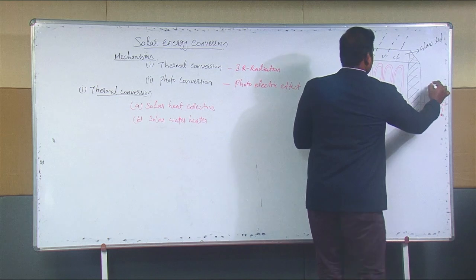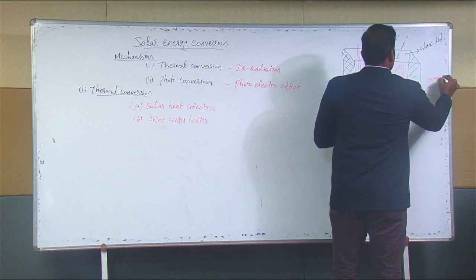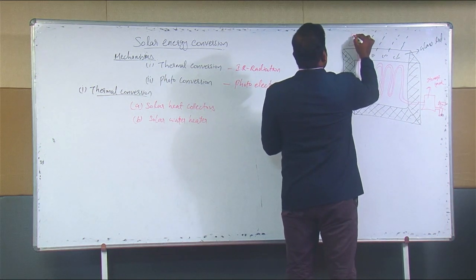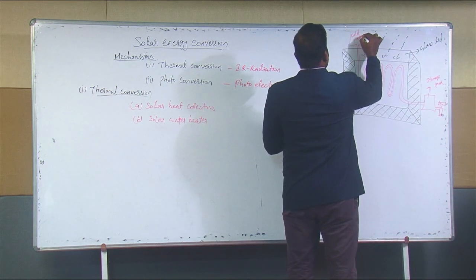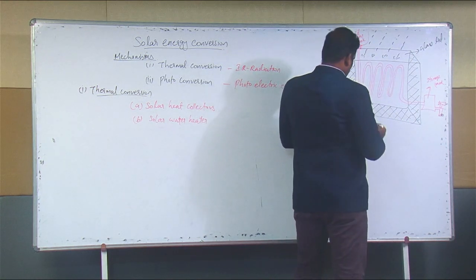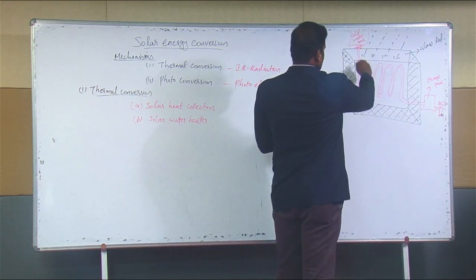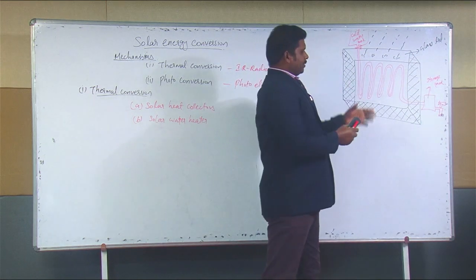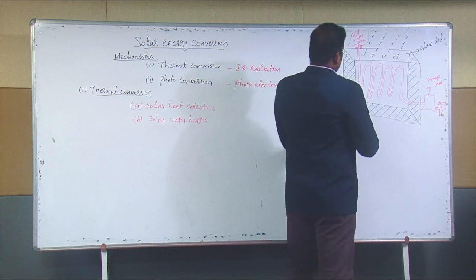This is a storage tank, and this is a cold water tank. When we allow the cold water through this copper spiral pipeline, the cold water gets heated up due to the IR radiation.